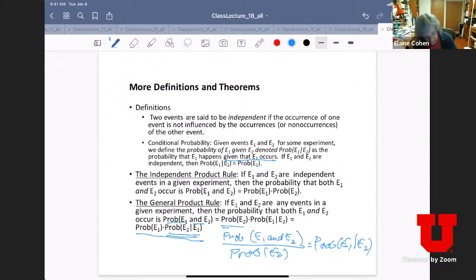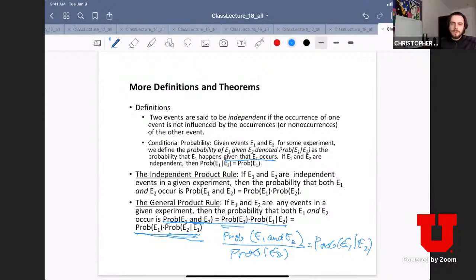All I did was take this first equality and divide both sides by E2. Or you can look at the first and the third line and divide by E1. Does that help? Yeah, so that's for a general case then. Yes, absolutely. Okay. All right, thanks.